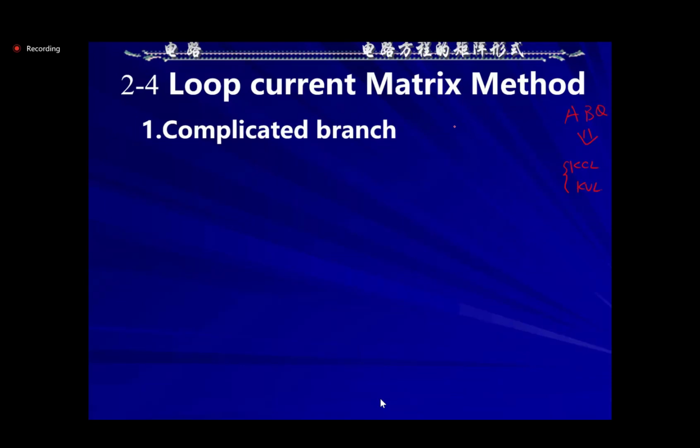It only cares about the connections, not the components of every branch. But when we try to solve a circuit, we must care about the components.